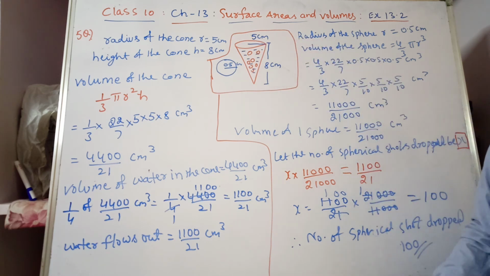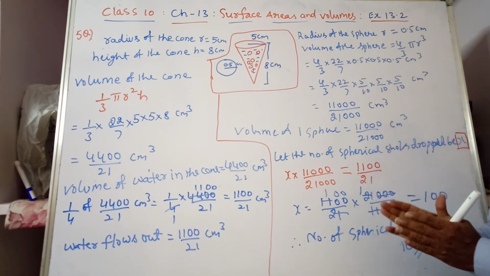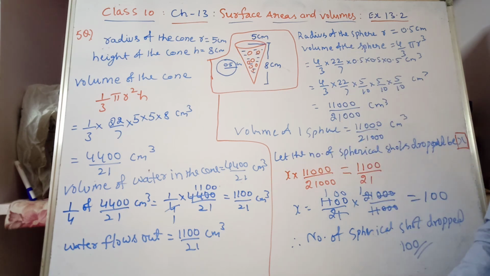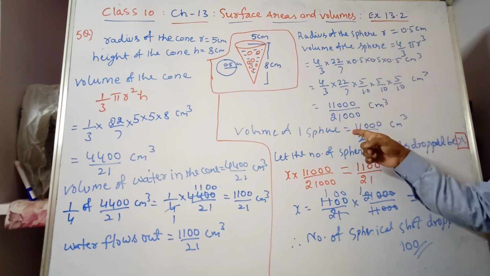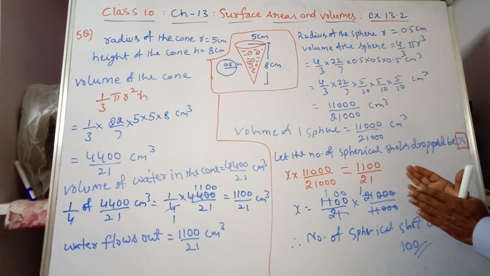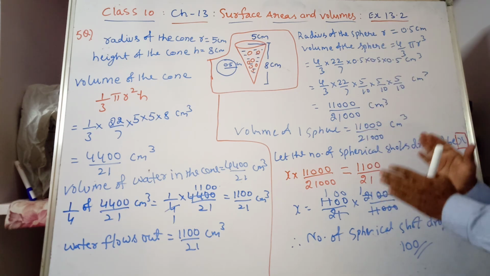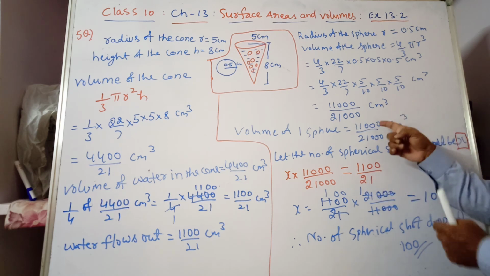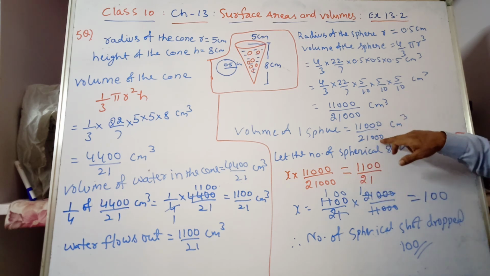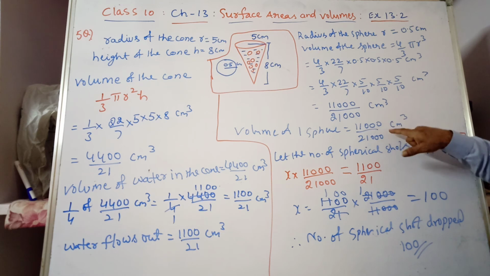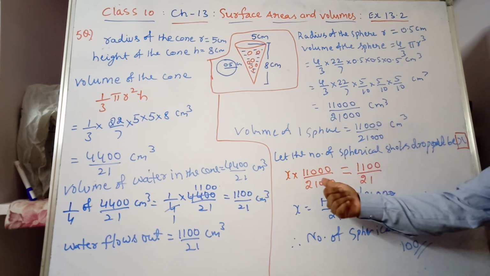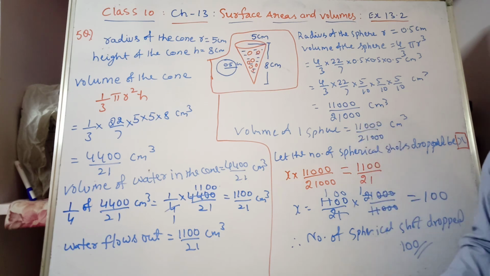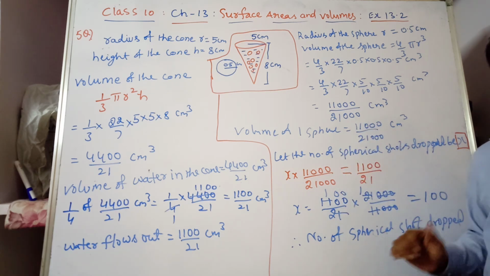We found the volume of the cone, then 1/4 of the water flowing out. Then we found the volume of a spherical shot. We assumed the number of spherical shots is x, then x into this volume is equal to the water flowing out. Here actually we forgot, you can cancel these zeros, then simplify, that is easier, but let it be. Is it clear? I hope you understood.